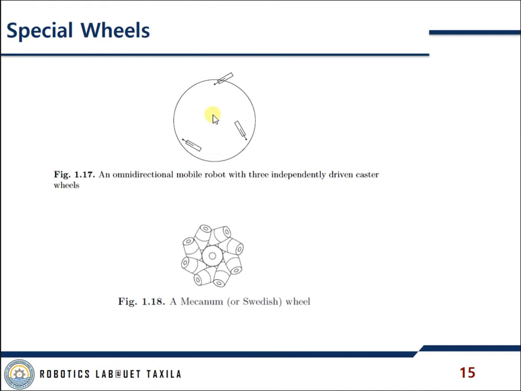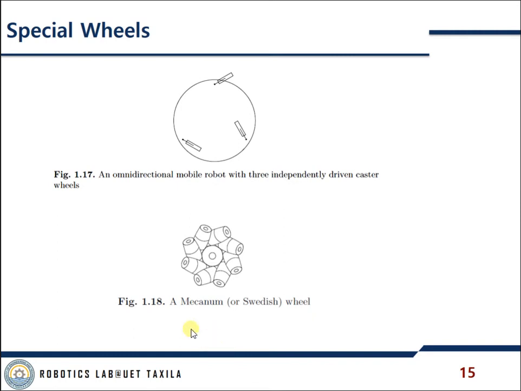Okay, you may not understand it at this point, but let me give you a brief idea: this robot can move not only, for example, in this direction, but also in this direction as well. This is quite possible without changing the wheel direction, because it has specifically designed wheels for that.